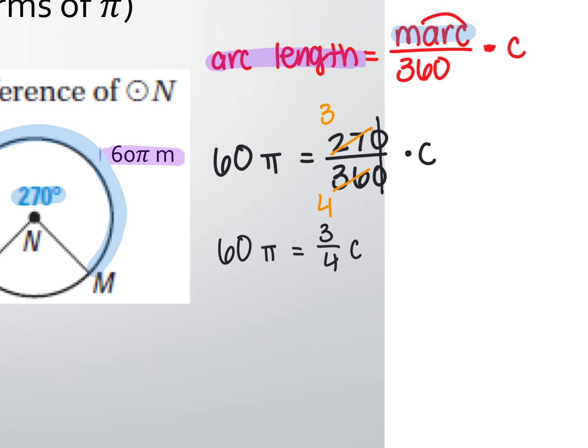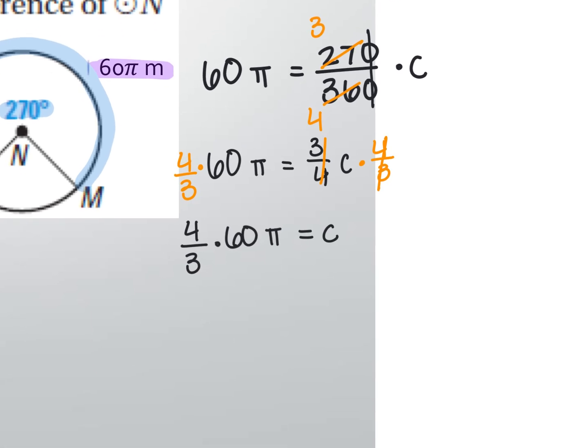Again, you can solve this any way you want. So if you want to solve it that way by multiplying by 4 on both sides, that's fine. I would multiply by its reciprocal on both sides. Again, this goes back to algebra, guys. You have to know how to solve. I'm going to have 4 over 3 times 60 pi equals my circumference. And yeah, you could put it over 1 and then multiply.